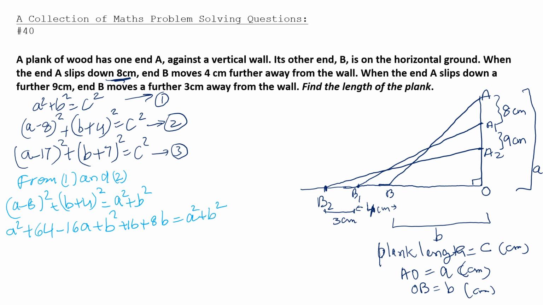Cancelling out all the A squares and B squares, I get minus 16A plus 8B equals minus 80, and you can simplify it. So I get 2A minus B equals 10.